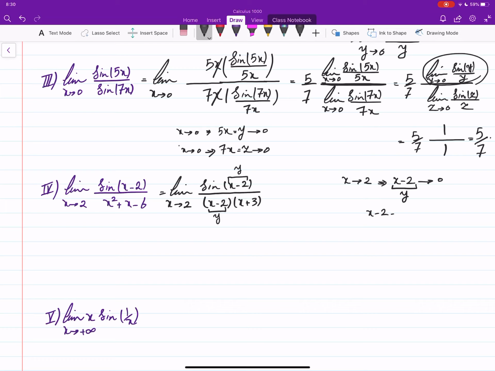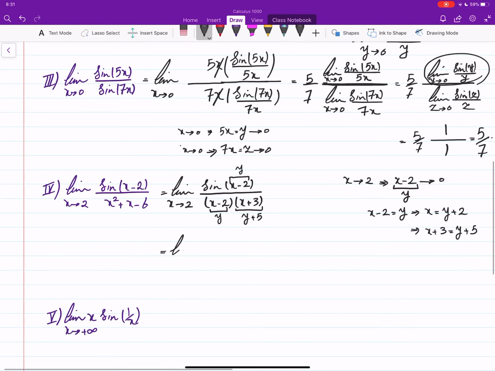x minus 2 is equal to y. Then x is going to be y plus 2. Then x plus 3 is equal to y plus 5. So this here is going to be y plus 5. And then, with the substitution, y now approaches 0.